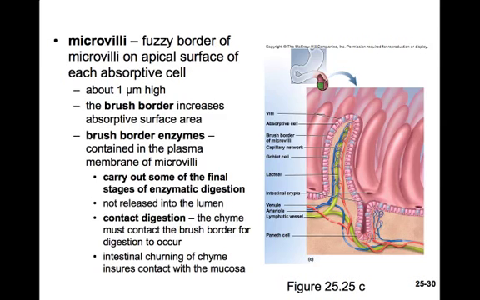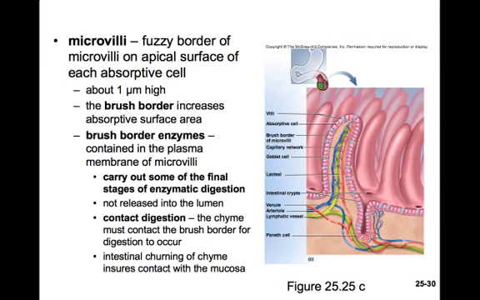The brush border contains enzymes within the membranes of the microvilli. So chyme needs to move close to those enzymes because the enzymes don't come away from the cell membranes. And they carry out digestion right there in the brush border. This is called contact digestion.